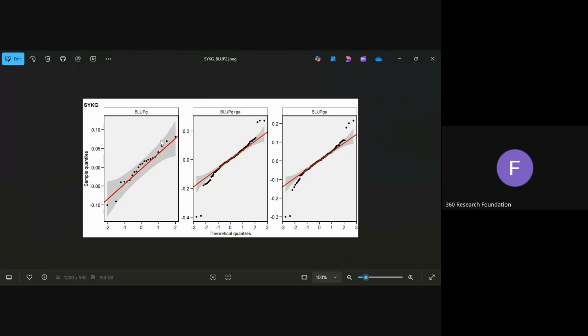It is well matching with the expected line. You can say approximate, because compared to these two, these two are exactly following the red line.